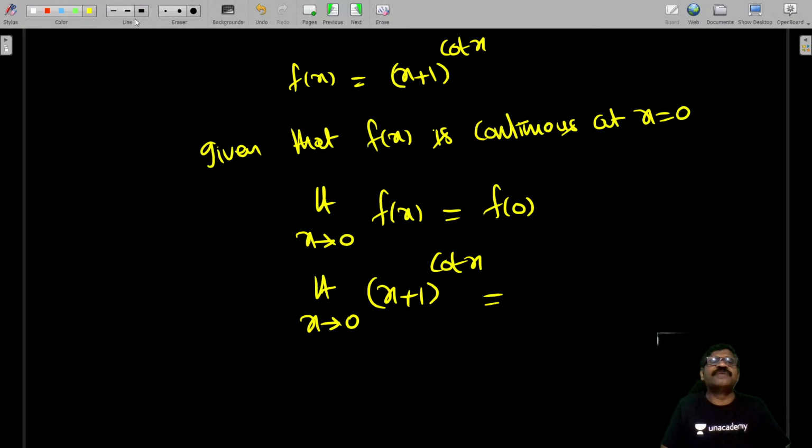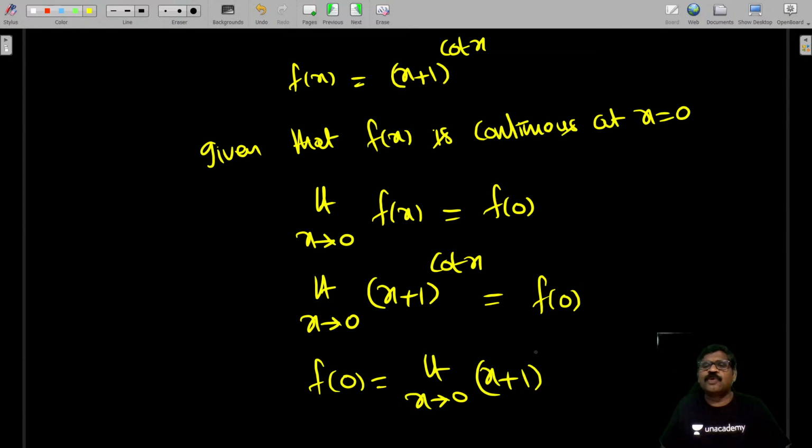Here, we have to find out f of 0 with the help of this limit. Therefore, we can write f of 0 equal to limit x tends to 0 x plus 1 whole power cot x. It is in the form of 1 power infinite.